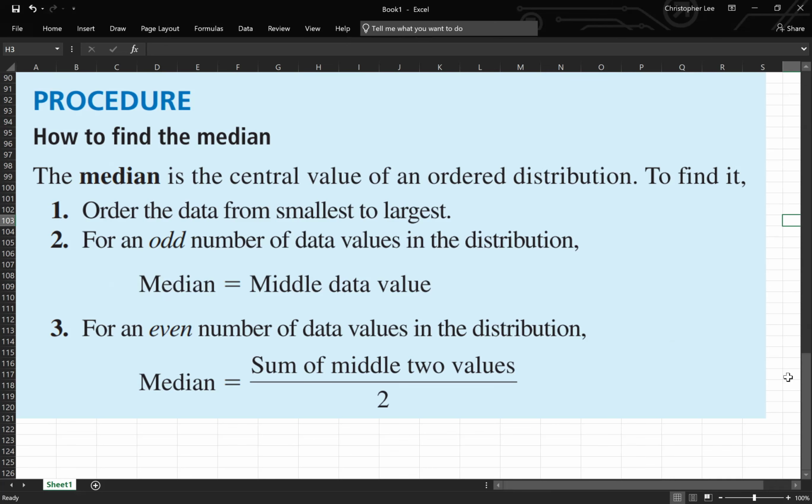What am I going to do with the two and three? I'm going to add them together. Two plus three is five. Then I'm going to divide by two, and I get 2.5. So my median for that data set with an even set of data is 2.5. Questions on this? Make sense? All right.